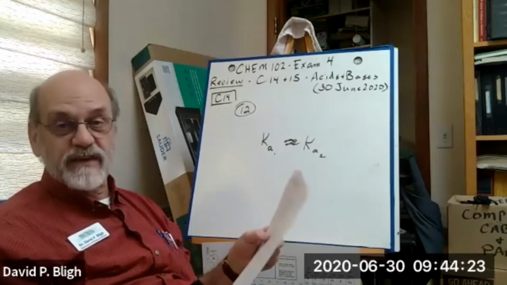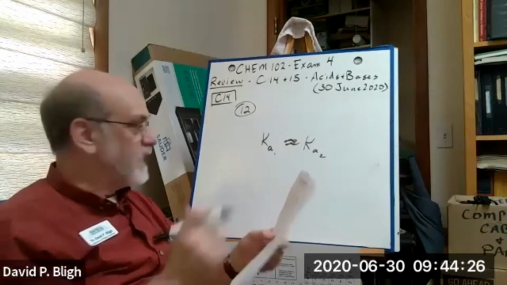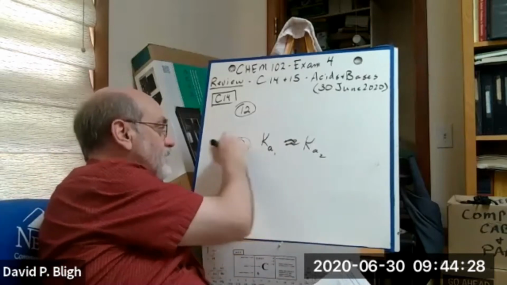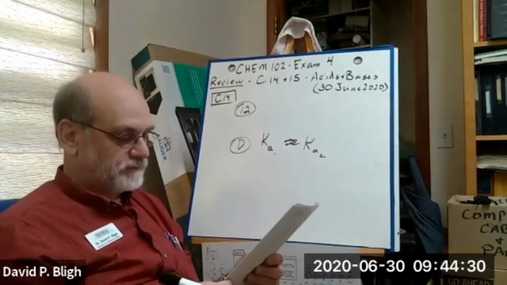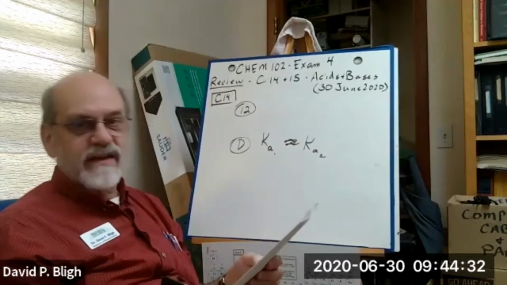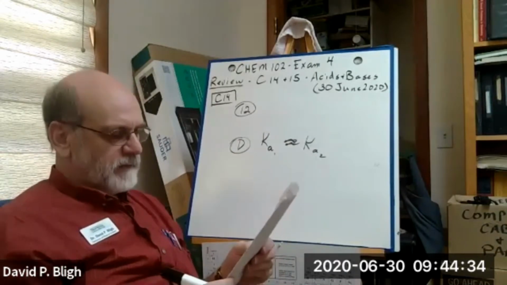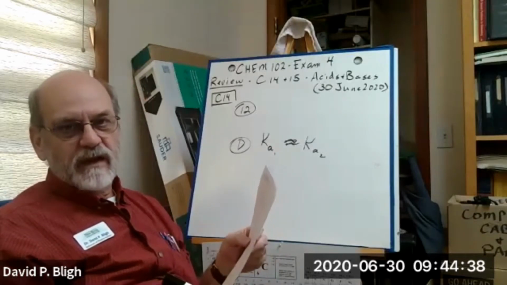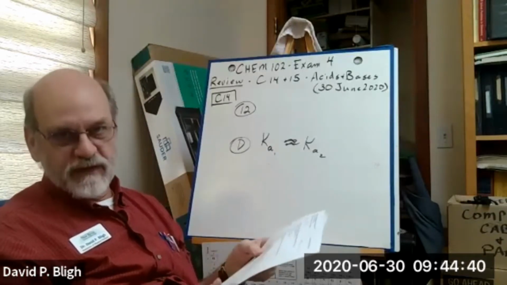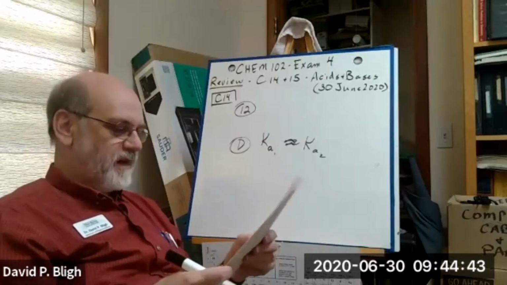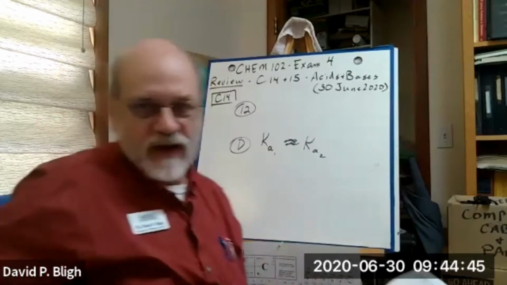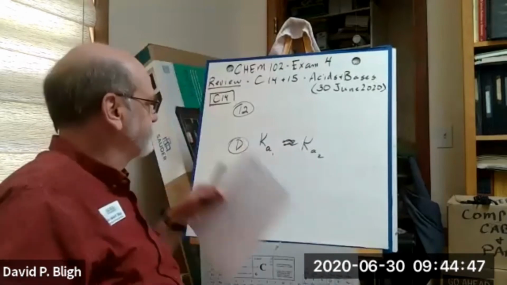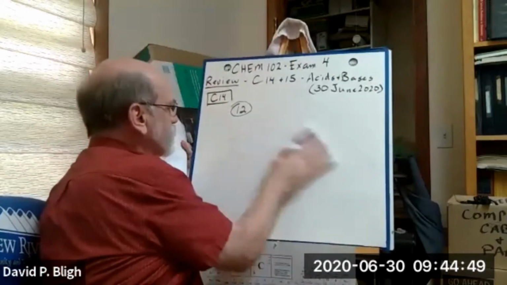That's less than an order of magnitude, so D would satisfy that condition. And E is false. The second dissociation never affects the pH significantly. It usually does not affect, but never is the key word there. Okay, that was 12.